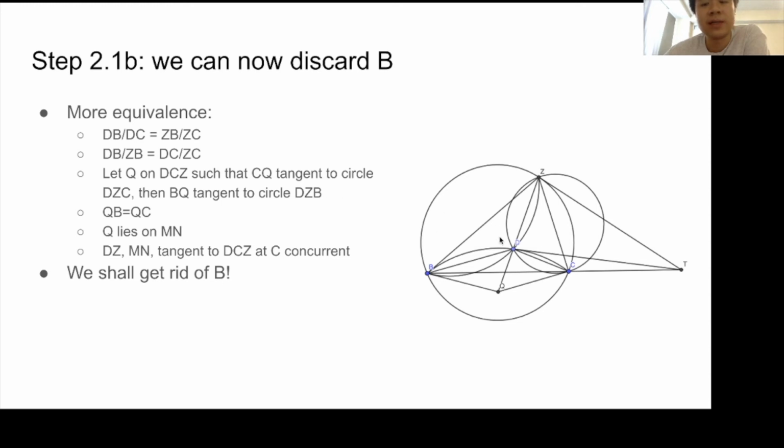equivalent of the problem. So let's say Q is the intersection of the line ZD and the tangent at C to the circle ZDC. Then this line BQ should also be tangent to the circle BDZ, and this will also be equivalent to the claim that QB equals QC.